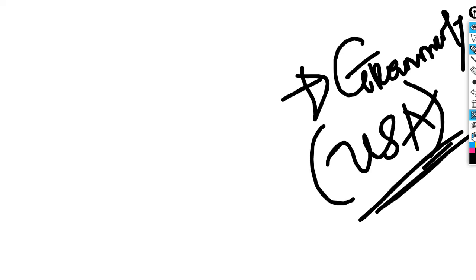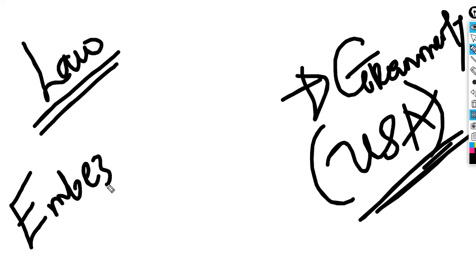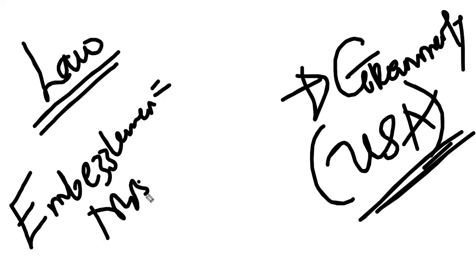Okay? And then orders, especially if you take an order that is for law, be sure that the law term you're using is a US law term, okay? Because embezzlement in the US is known as misuse of trust in India.